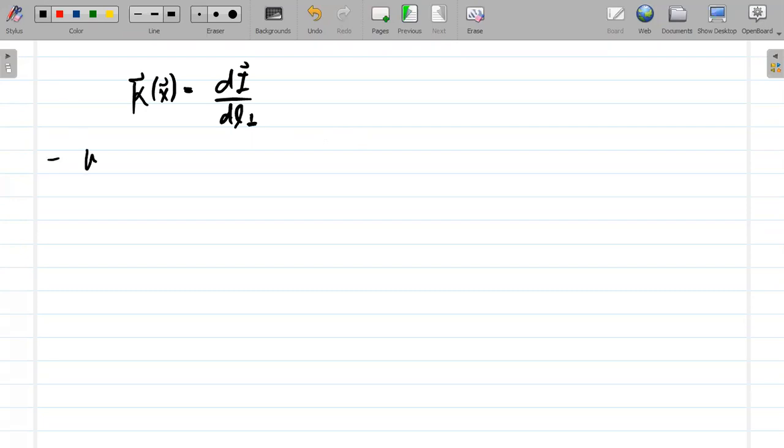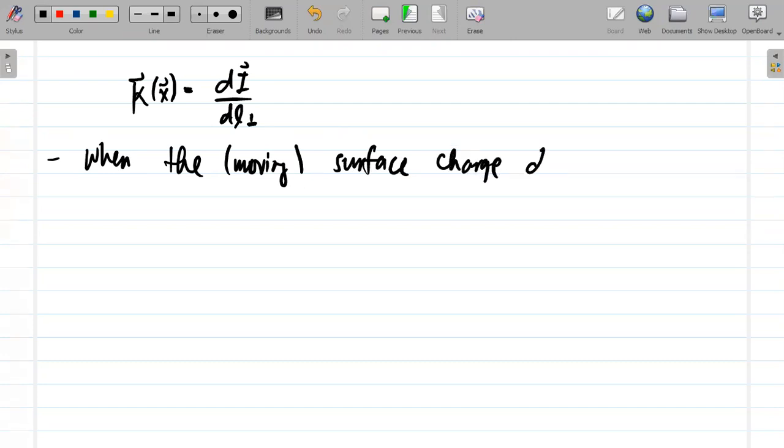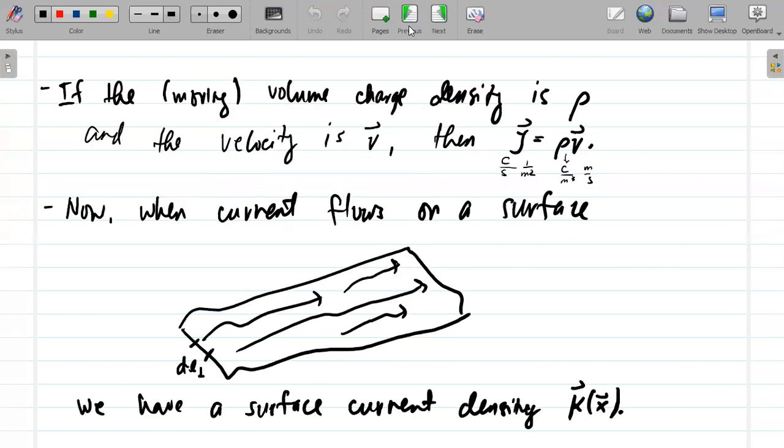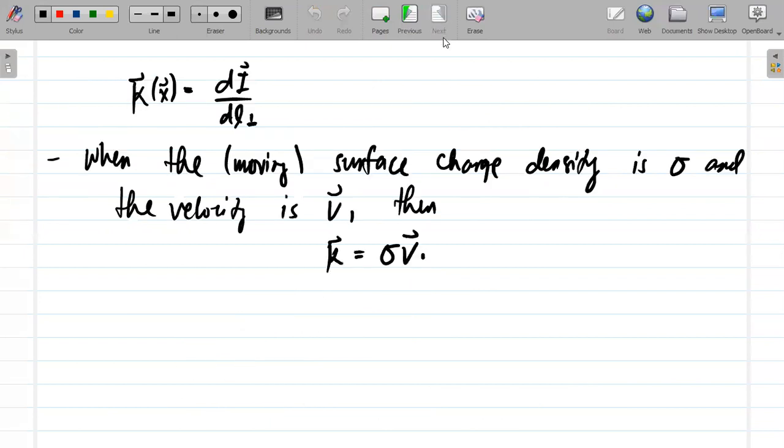Now again, when the moving surface charge density is, let's say sigma, and the velocity, let's say that is given by V, then we have K equals sigma V. Kanina di ba J equals rho V? Ngayon naman, K equals sigma V.